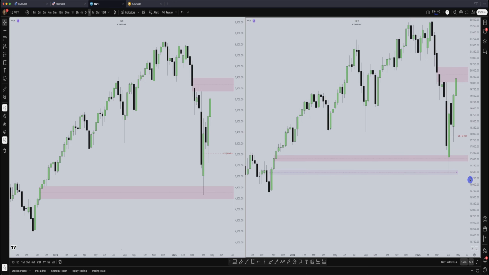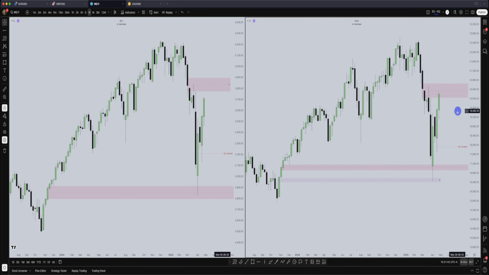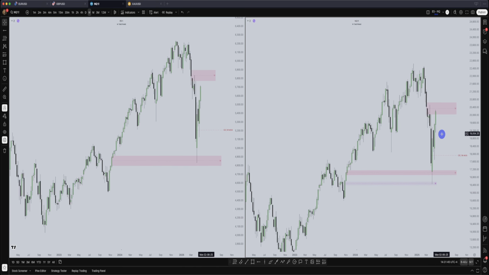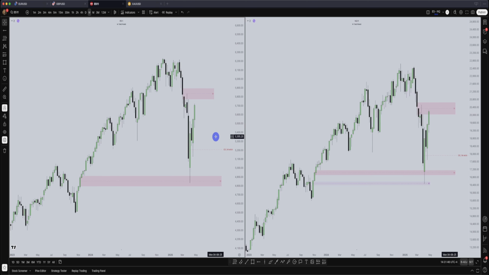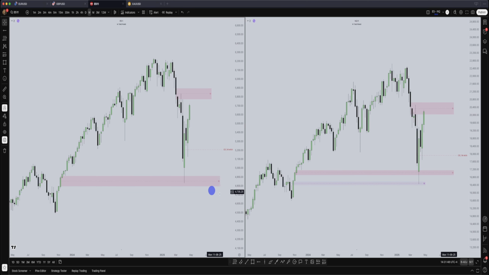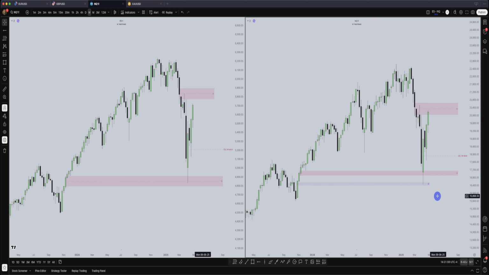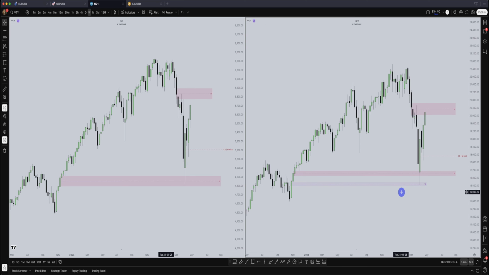So nothing's random. Basically, that's the message. If we go deeper here, I think maybe we can see some SMT divergence. For the moment, let's keep this in mind.